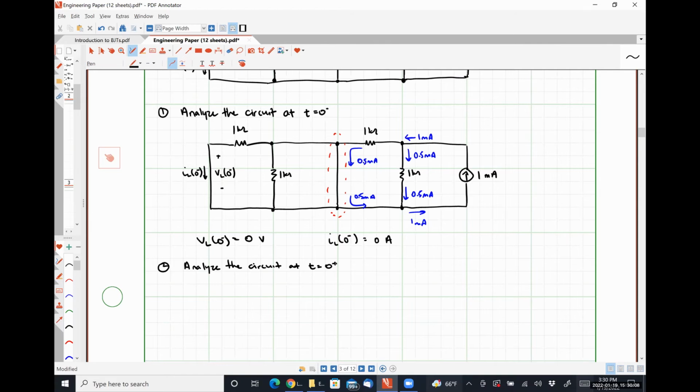T equals 0 plus is the first instant in time during the transient condition, okay? Now, I am not trying to suggest that the current IL will be 0 for the duration of the transient condition. I am only saying that it will be 0 for that particular, actually, hold on, we have a little bit of a problem here.